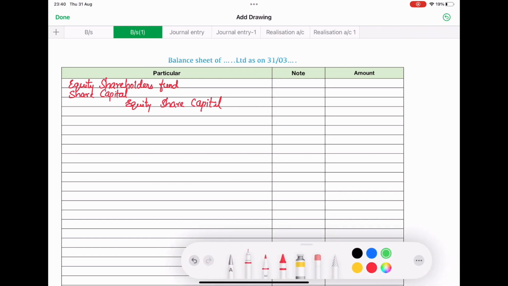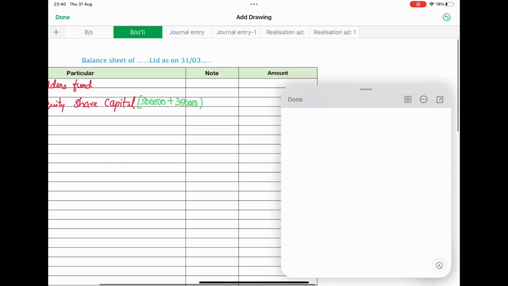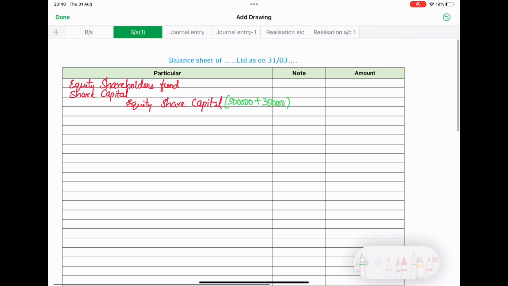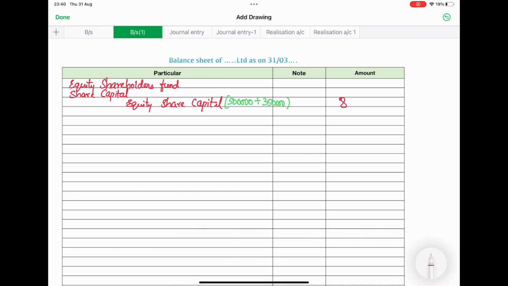P Limited 5 lakh, and in purchase consideration we are having 3,50,000 as the equity share capital, isn't it? If you add both the things, you will be getting 8,50,000. Got it? After equity share capital we are having preference share capital.